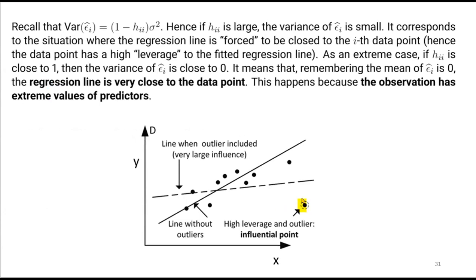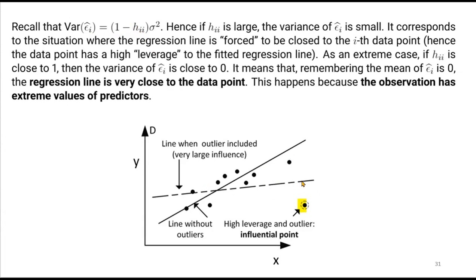Okay, this is a slide I already talked about, so I've just emphasized it one more time. If the leverage point h_ii is high, remember it's between 0 and 1, if it's close to 1, the variance of the residual at that point will be small. Why? Intuitively, you can see what's happening with this point here.